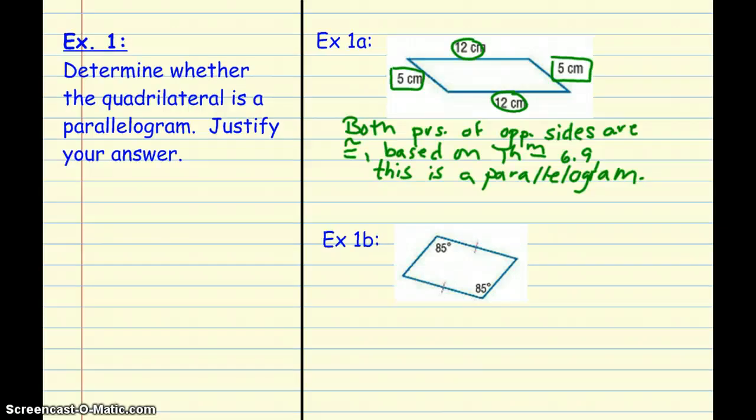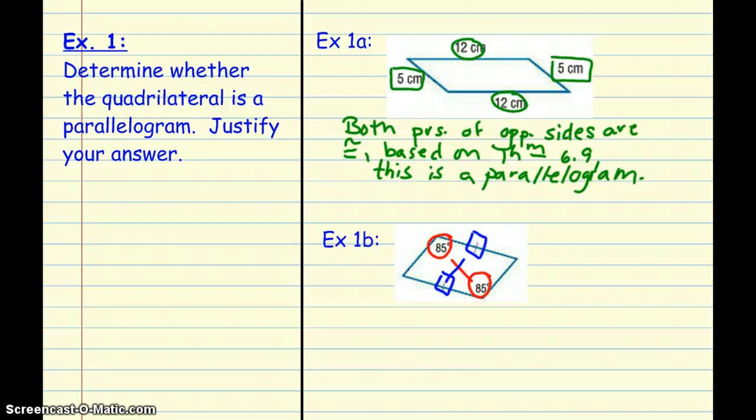In 1b, we are given that these opposite angles are the same measure, and we are given that these opposite sides are the same length. But here's the thing, we're given one pair of angles and one pair of sides, and none of the theorems that we just looked at say that if you know one pair of angles and one pair of sides, it's a parallelogram.